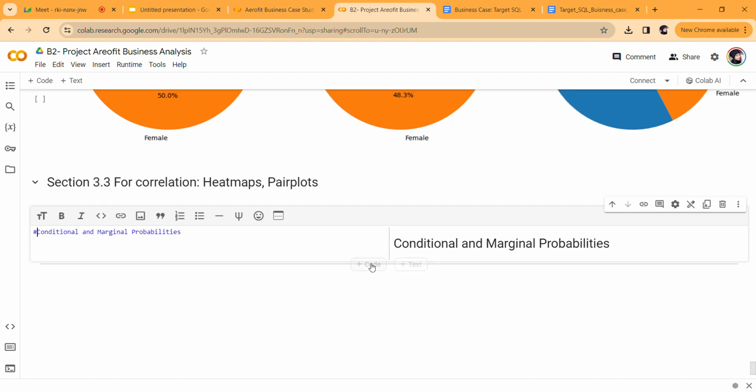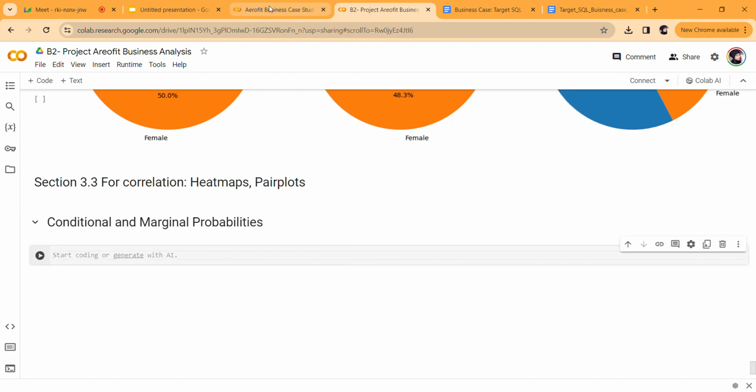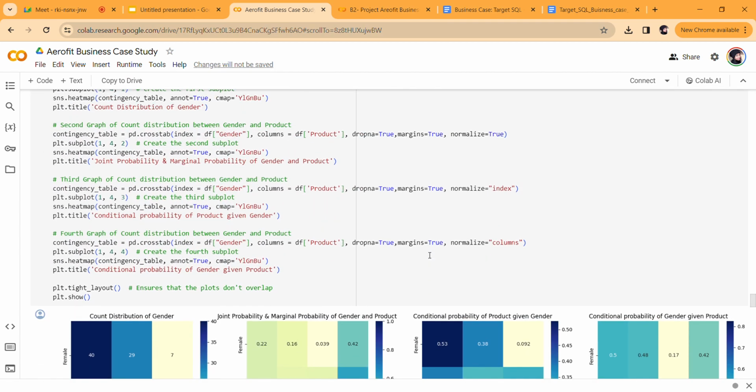Now I am just copy-pasting the code, and after that I'll make sure you understand every single thing.